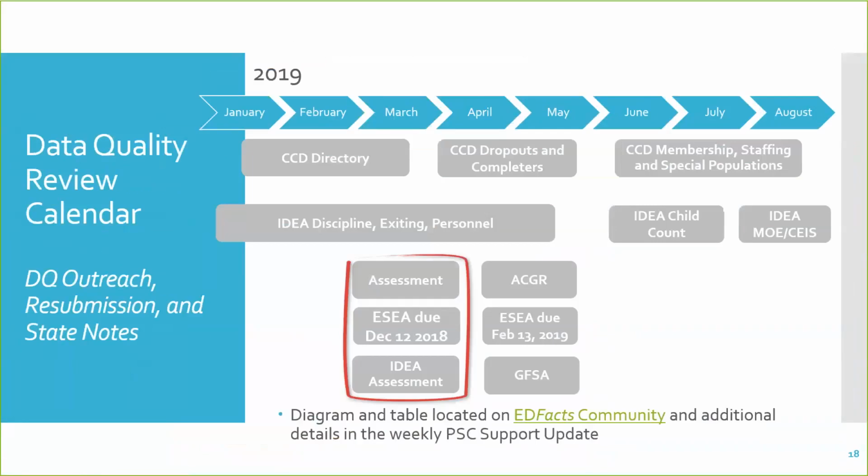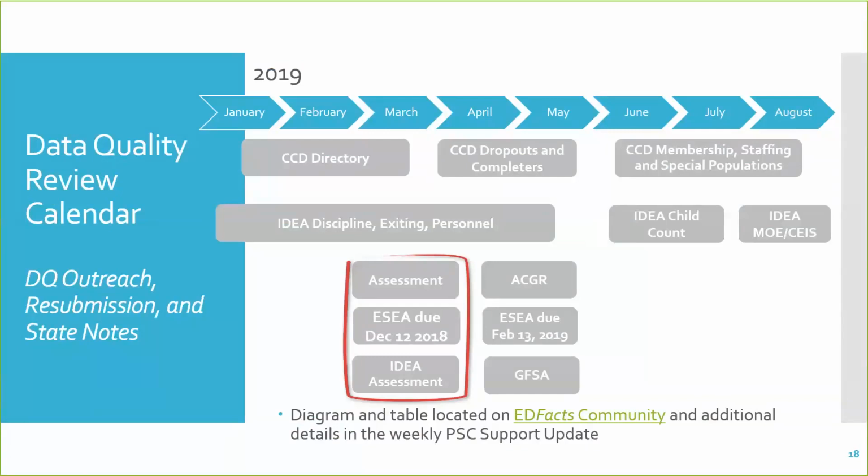All right, an overview of the data quality reviews coming your way or in the works right now. What we were specifically focusing on for this presentation is those three in red: the assessment, the IDEA assessment, and all of those files associated with the CSPR in previous years. The CCD directory is happening.